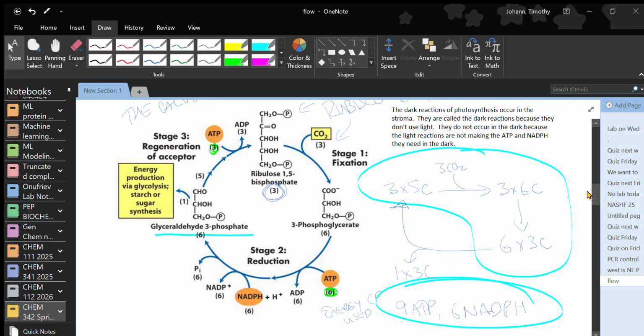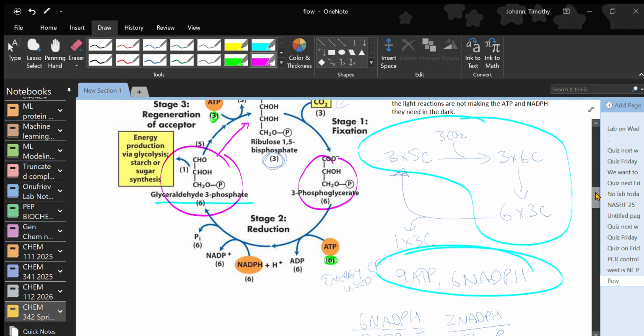So we've got this part here where once we have our glyceraldehyde 3-phosphates, or once we could be here too, in either of these spots, we've got 6 3-carbon intermediates, right? And what we need to do is somehow make them into 3 5-carbons. So, how does that happen? Well, that's complex.